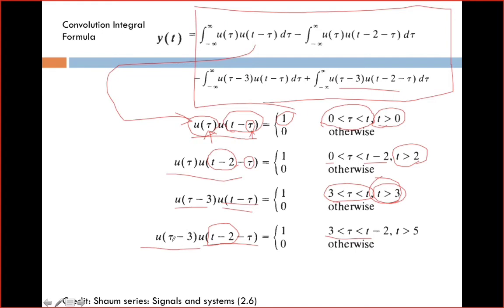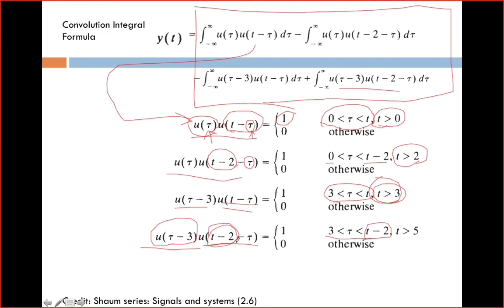So for the first function tau is equal to 3, but it will stop at the second function, tau is equal to t minus 2, because t minus 2 minus tau is equal to 0. When you are substituting, you will get tau is equal to t minus 2.